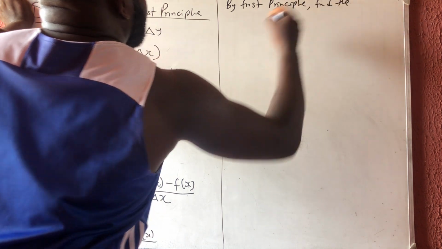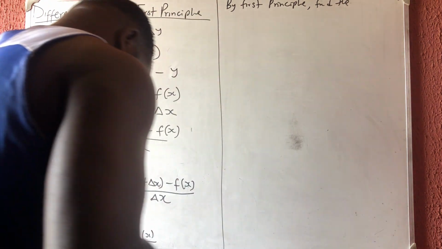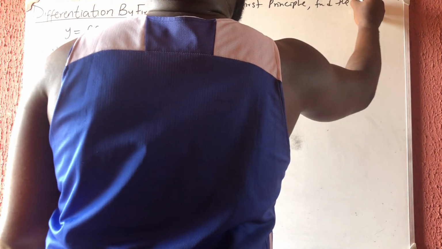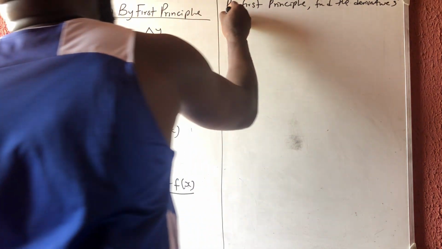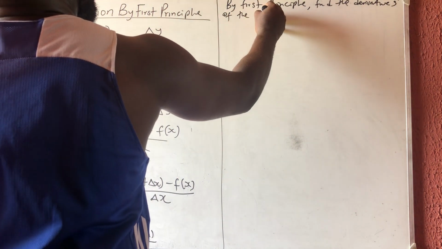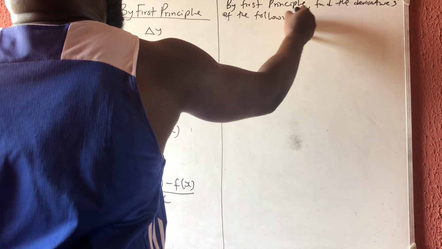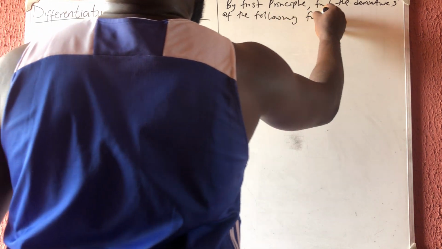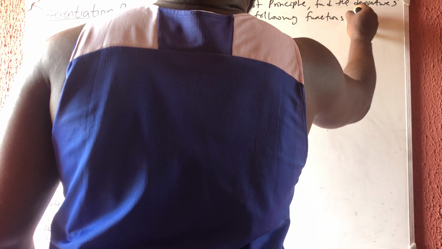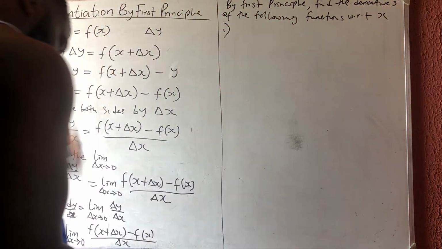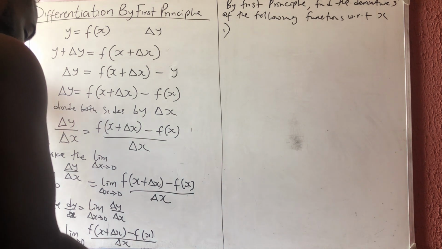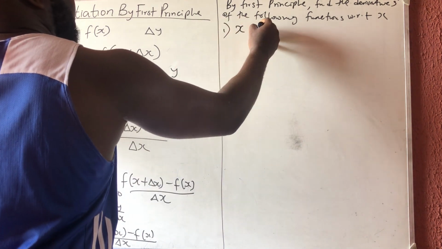They say by first principle, find the derivatives of the following functions with respect to x. Number one, they gave us x.